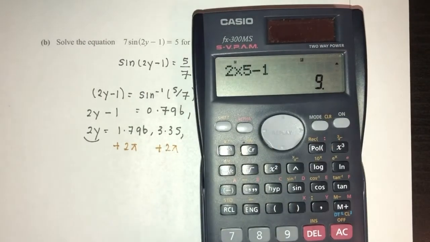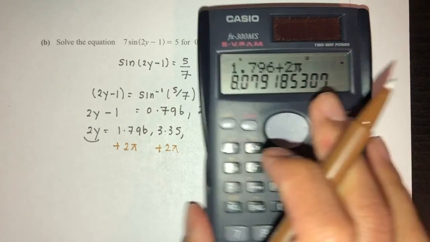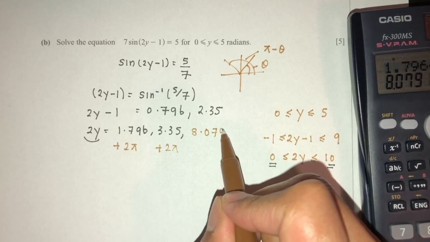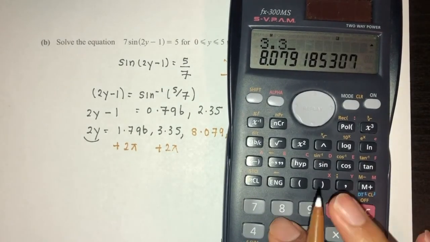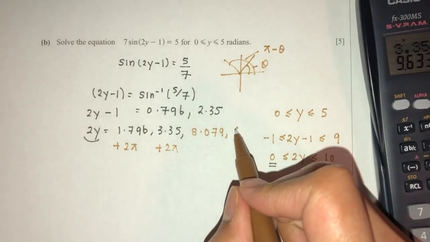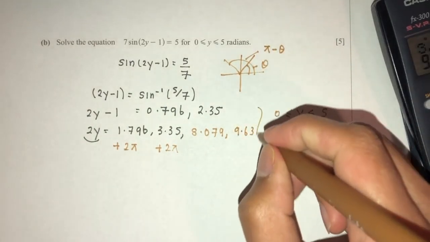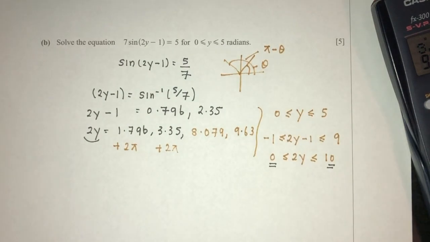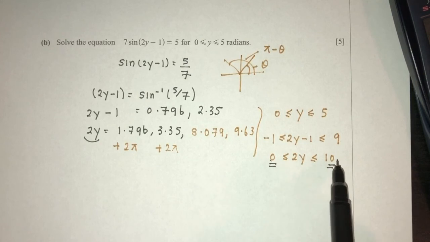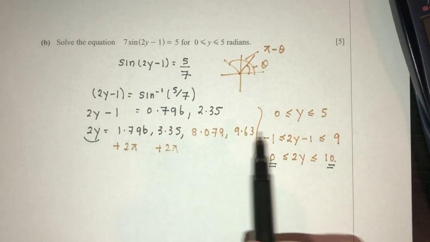So 1.796 plus 2 pi, you will have 8.079, and 3.35 plus 2 pi, that will be 9.63. These values are still valid, because 2y is still between 0 and 10. So every value here is between 0 and 10, and these are valid values.